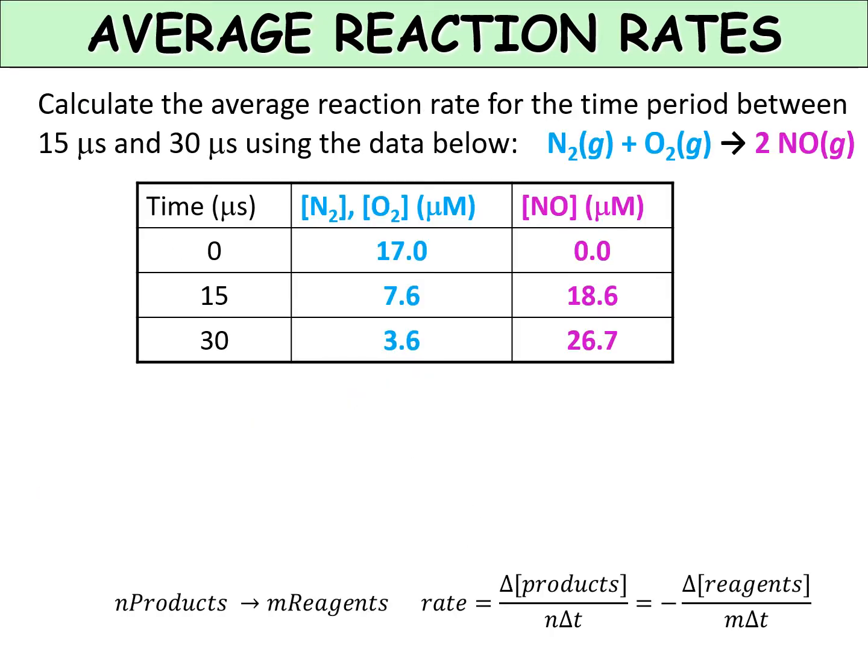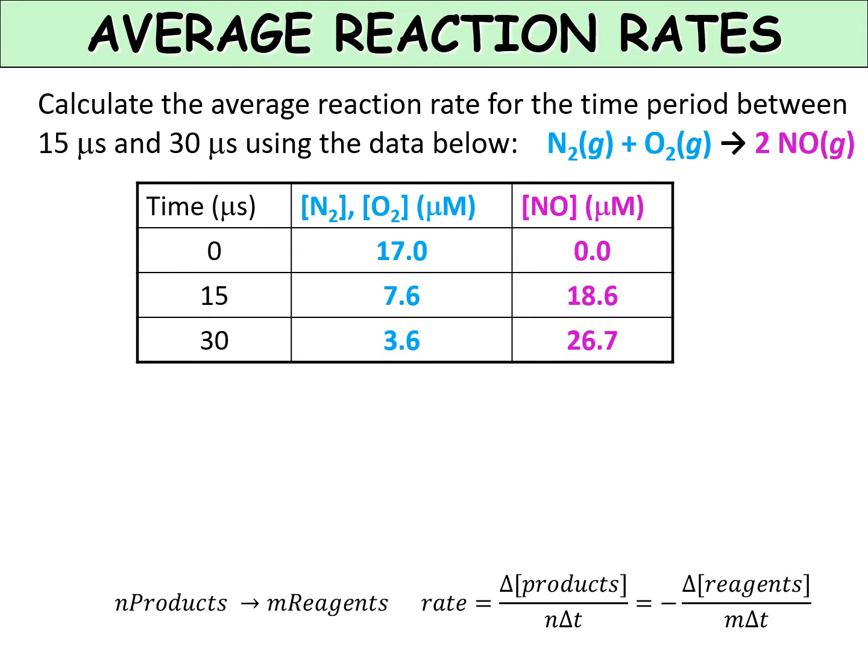Let's see now how to calculate the average reaction rate. In this problem, we have a reaction between nitrogen gas and oxygen gas producing nitrogen monoxide. And we are asked to calculate the average reaction rate between 15 seconds and 30 seconds. So we have a table. Someone has been performing an experiment, and every 15 seconds they were measuring the concentration of the two reactants in blue.